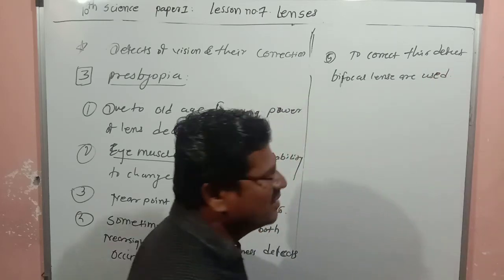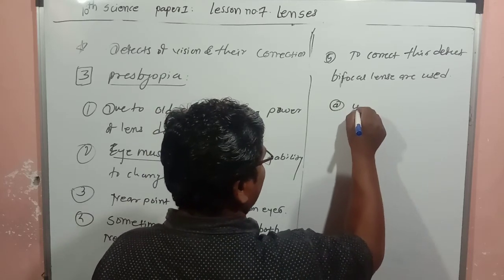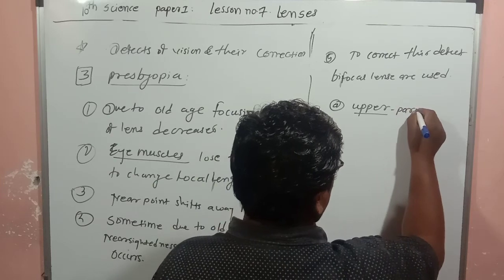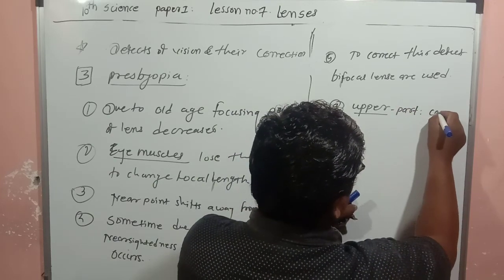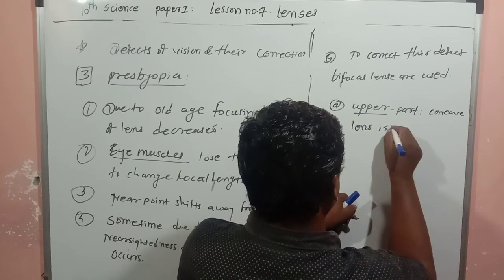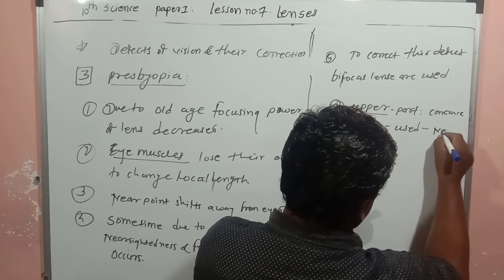In that, first, the upper part uses a concave lens, for nearsightedness.